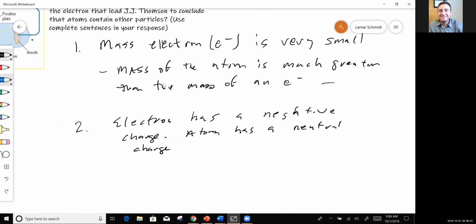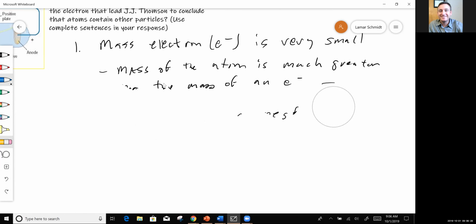So for instance, if you have an atom and it has a proton and an electron, the charge equals 0, because the positive and the negative cancel each other out. So this 0 charge equals neutral. And so because it had a negative charge, it must also have a positively charged particle. Those are two things that you need to be aware of in answering that question.